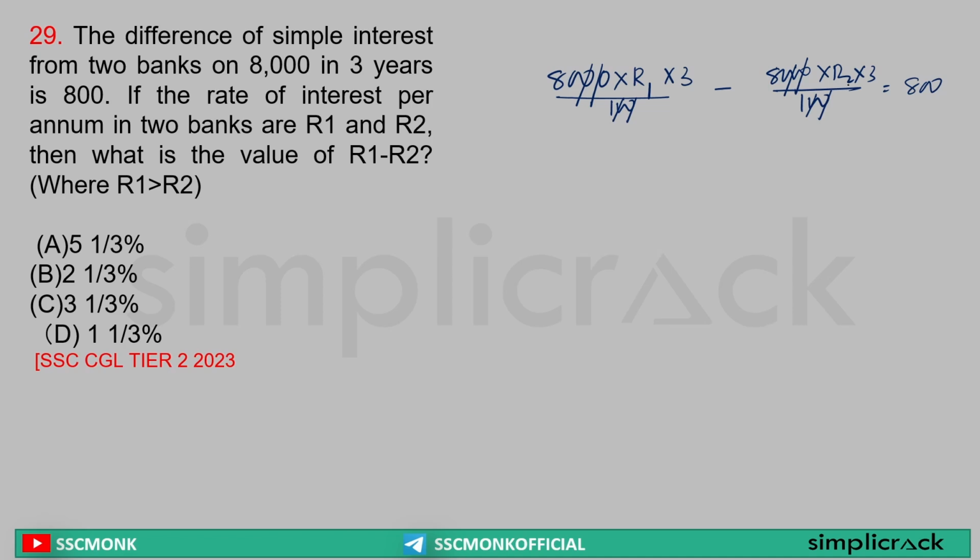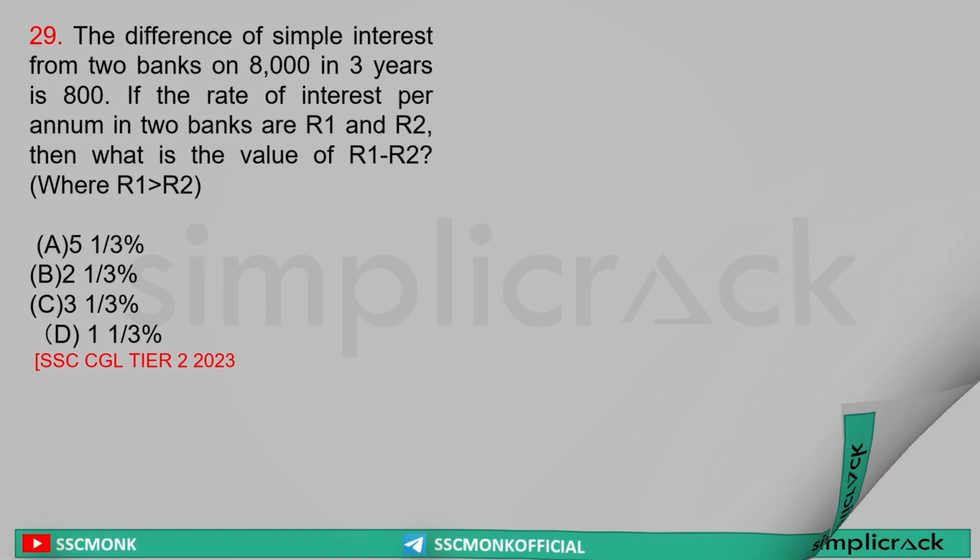Now 8,000 into 3, in both cases, so 240 common. R1 minus R2 is equal to 800, zeros crossed out. 8 10s are 80, 8 3s are 24. So R1 minus R2 is equal to 3 3s are 9, 1 by 3%. That is option C.